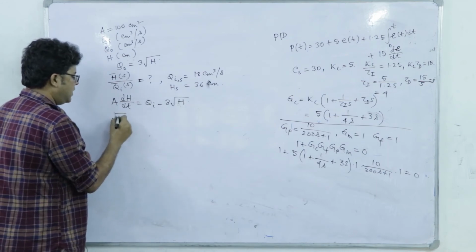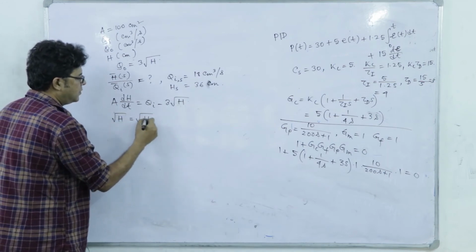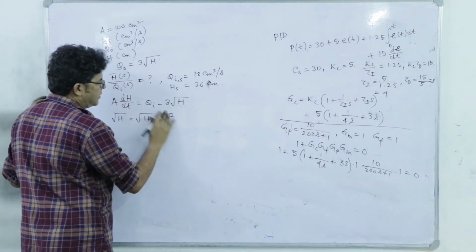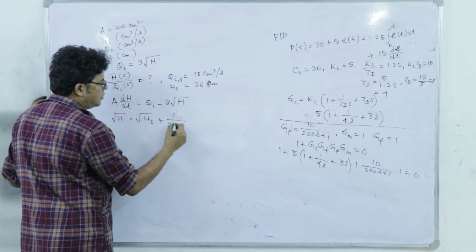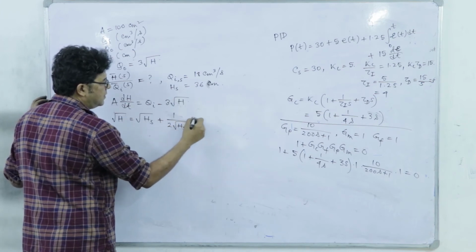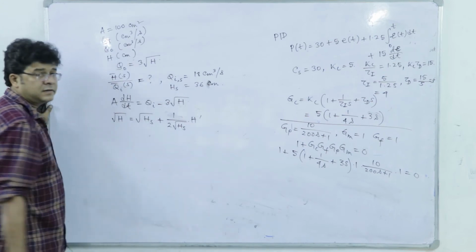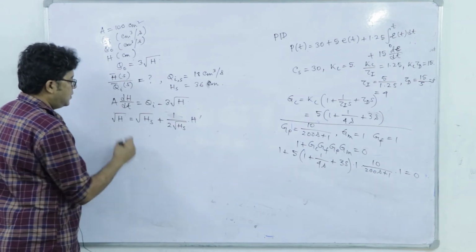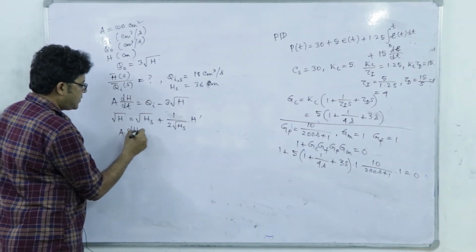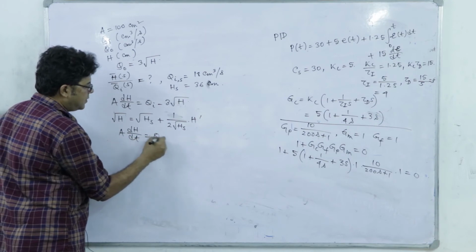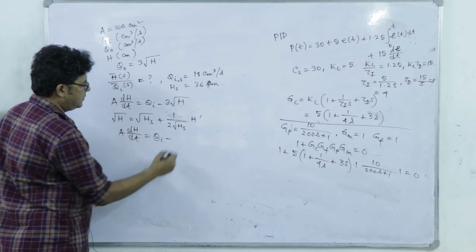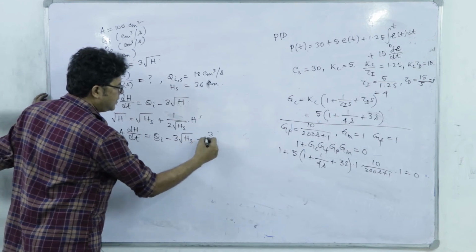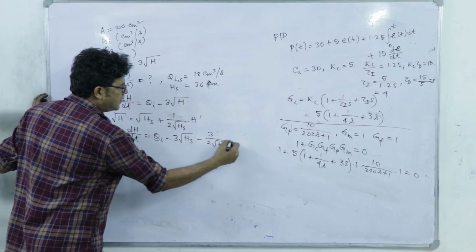Under root of H is under root of Hs plus 1 divided by 2 under root of Hs into H prime, because H minus Hs is H prime. So A dH/dt is equal to Qi minus 3 under root of Hs minus 3 divided by 2 under root of Hs into H prime.